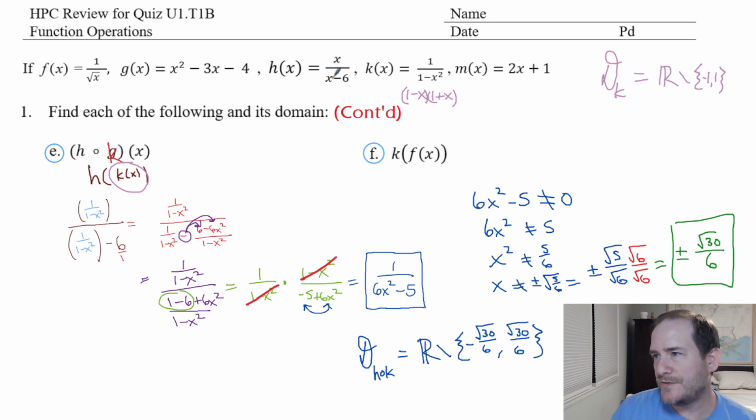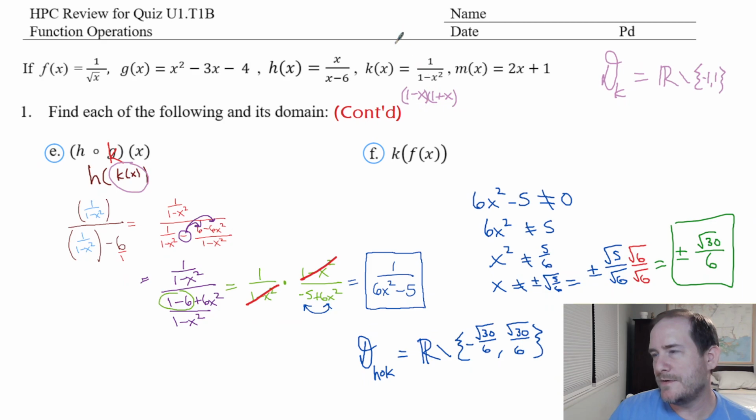Well, 6 is bad, right? So any value of x that function k maps onto 6 are bad. The good news is we could do the algebra to figure out what those values are, but I've got a pretty strong inkling that maybe it's plus or minus the square root of 30 over 6, right?